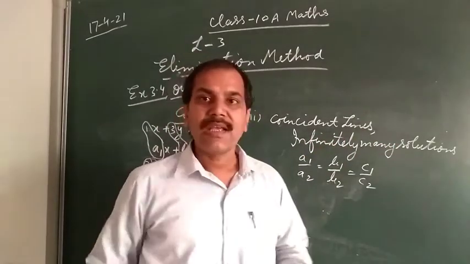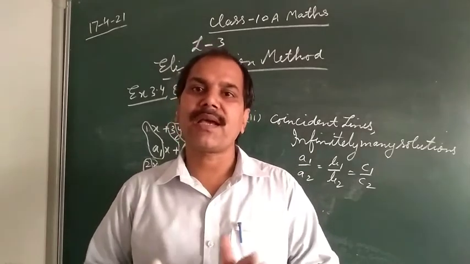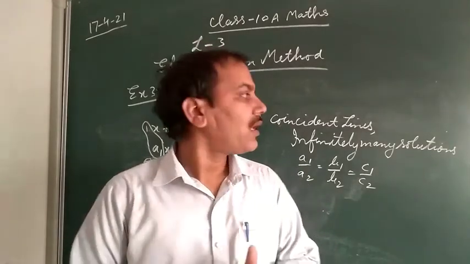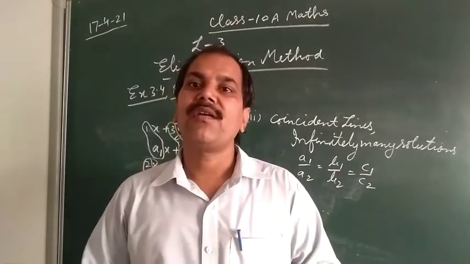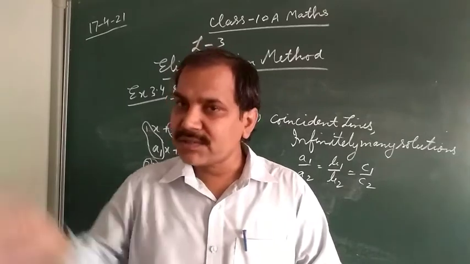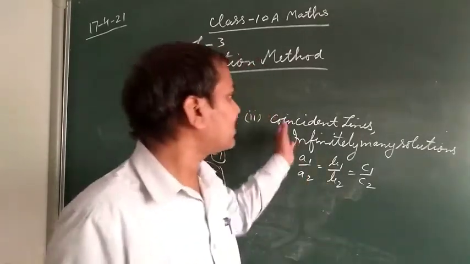Coincident lines means that if two lines have equations that look different, but actually after simplification both equations are the same. Okay, so both equations are the same, so both represent the same line, so that is coincident lines.